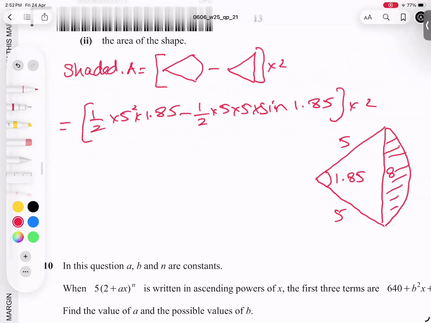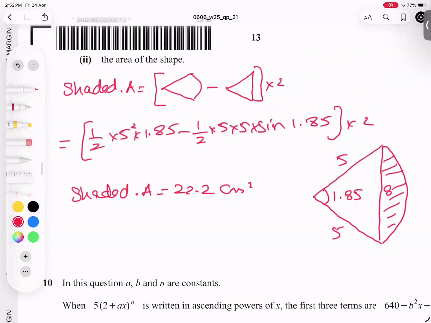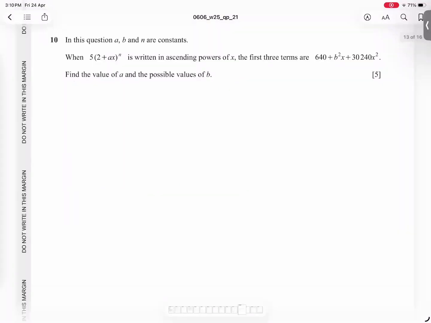And the answer is then multiplied by 2. And the answer we are getting here is 22.218 basically, but I'm writing 3 SF and that's it. And I hope the question is completely clear.